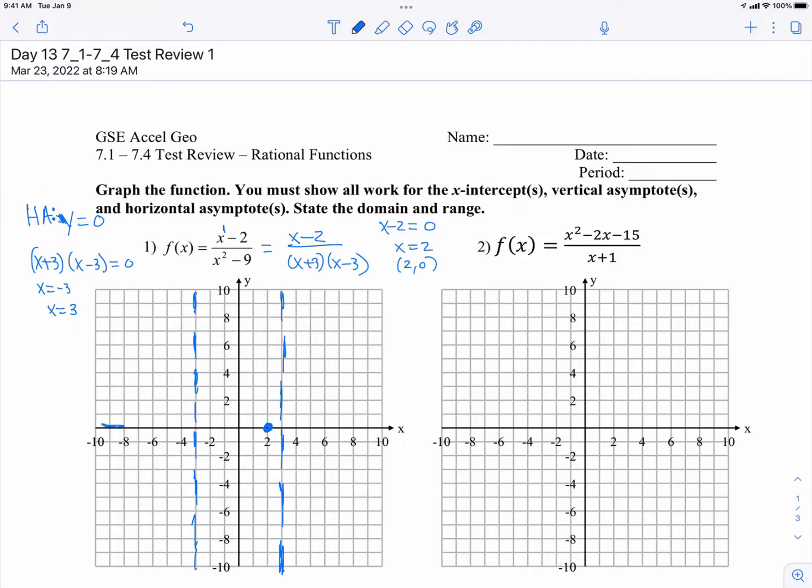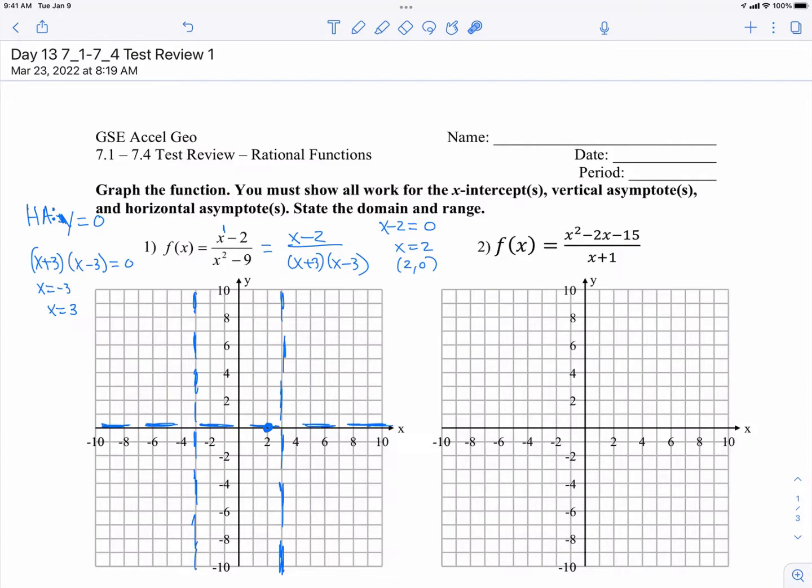So y equals 0 is just the x-axis, and we'll draw the asymptote here.